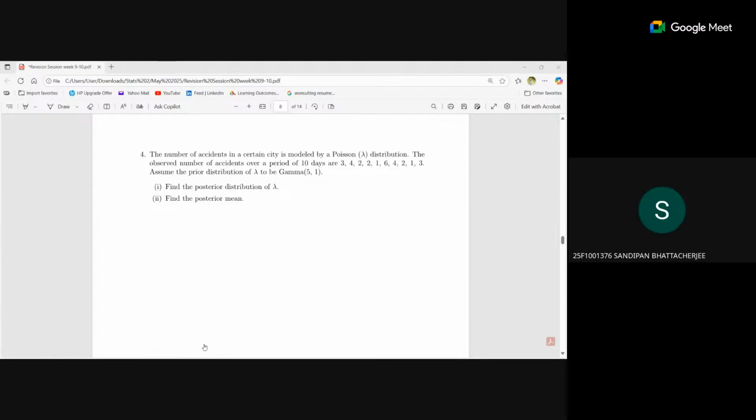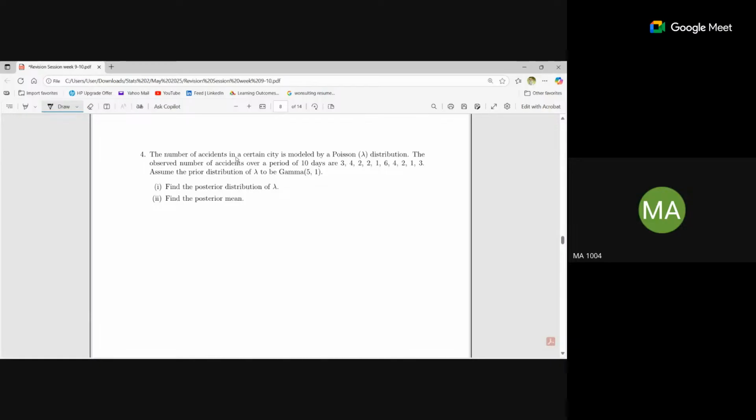It should be gamma 33, 11. 32, 11. What about others? 33, 11. Okay, Anukriti, are you able to solve this question? No, ma'am. Okay, let's solve this question.